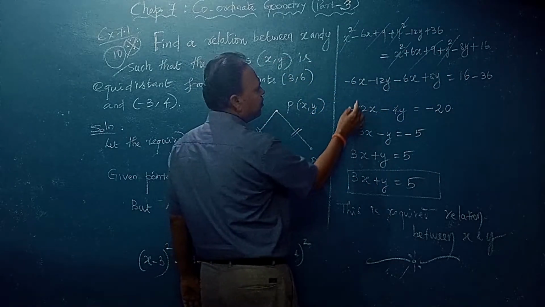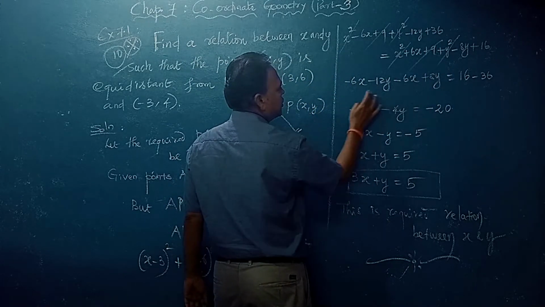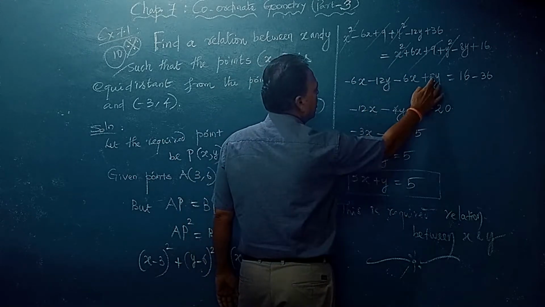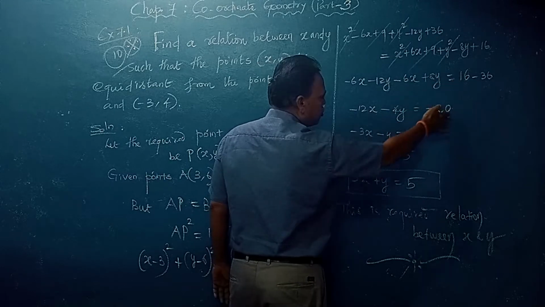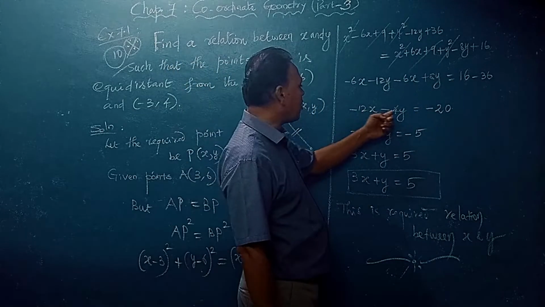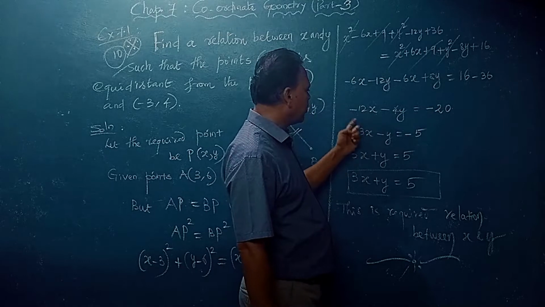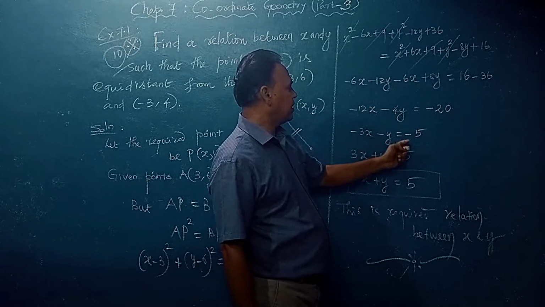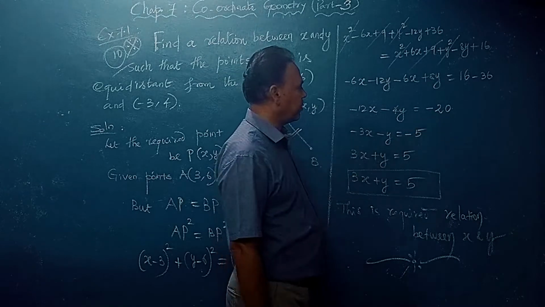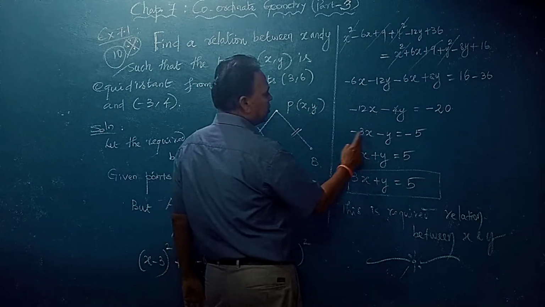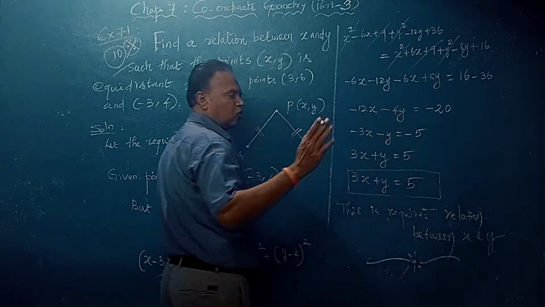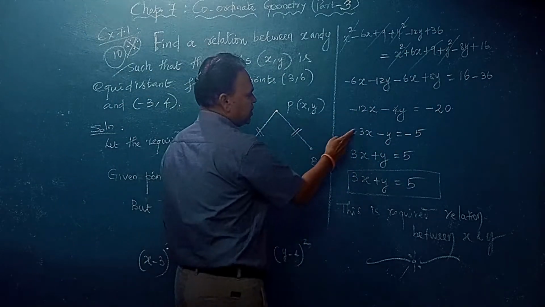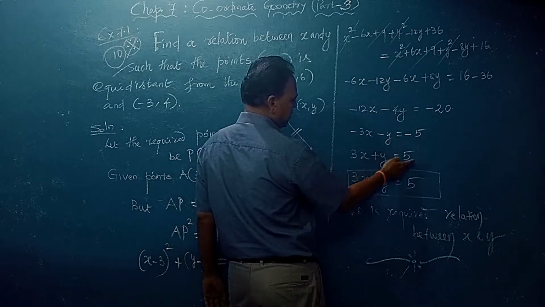Now simplify. Add the like terms: minus 6x, minus 12y minus 4y, and minus 20. 4 is a common factor, so divide by 4. Taking the common factor gives 3x, y, and 5. Everywhere the minus sign is there, so multiply by minus 1 on both sides; minus times minus means plus.